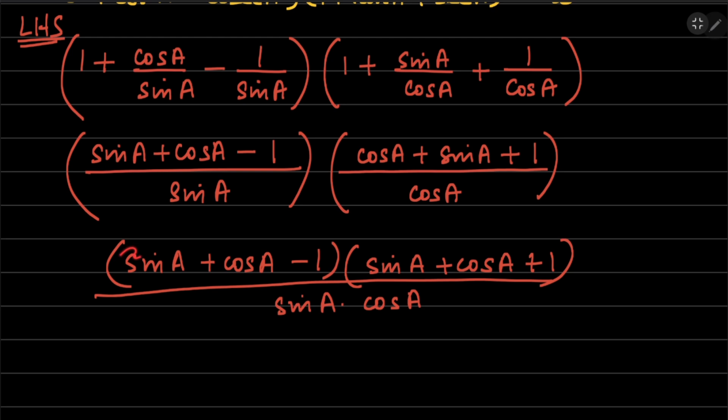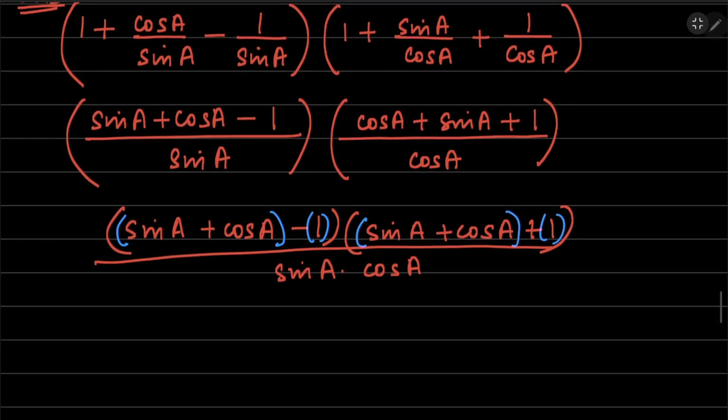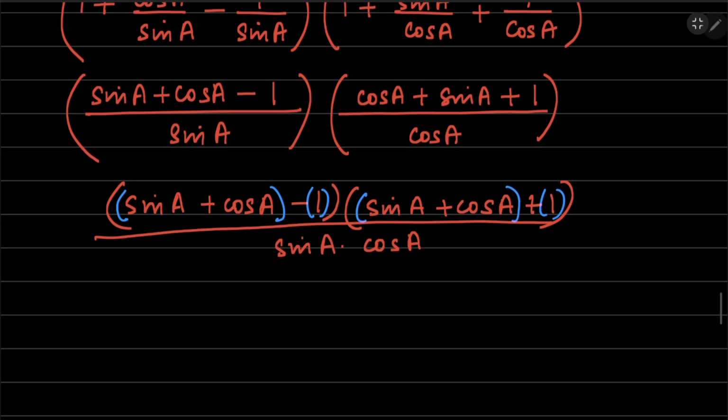You can see this is (A minus B) into (A plus B). So what is A minus B into A plus B? It's A square minus B square. So I can write it as (sin A plus cos A) the whole square minus 1 square.